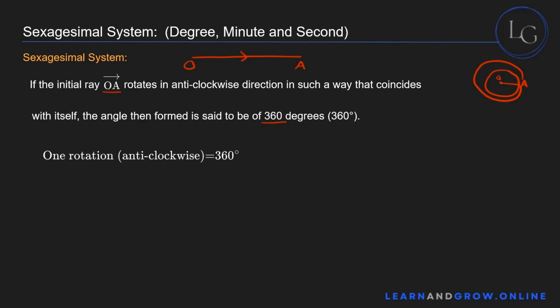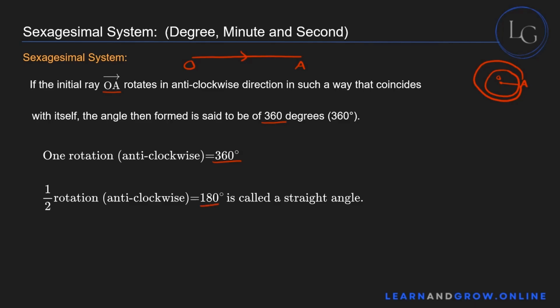One rotation in the anti-clockwise direction will be 360 degrees, because it's positive 360 degrees. If it went in a clockwise direction and reached its own self, it would be negative 360 degrees. Half rotation in the anti-clockwise direction is 180 degrees. Why?